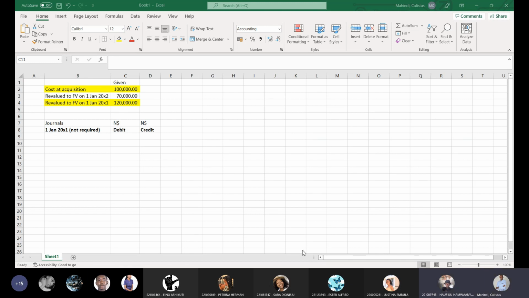I'm waiting for input. Increasing. It's increasing in value. So if we want to reflect that the land is increasing in value, what journal entries would we post?